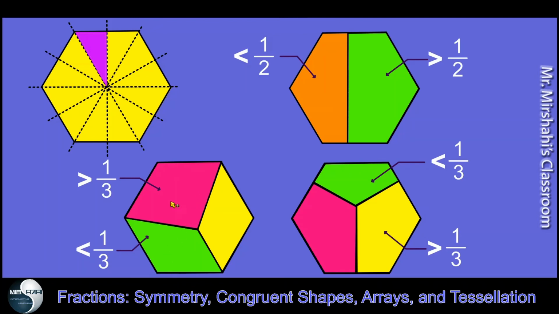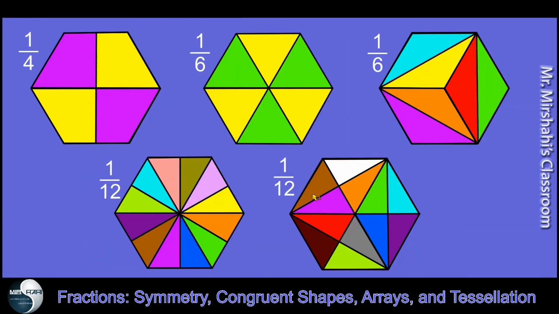So this I know is bigger than 1/3. It's not 1/3, it's less than 1/3. Here again, the center is somewhere down here. So I know it's not 1/3, it's less than 1/3. This is greater than 1/3. So these are the things I do know.